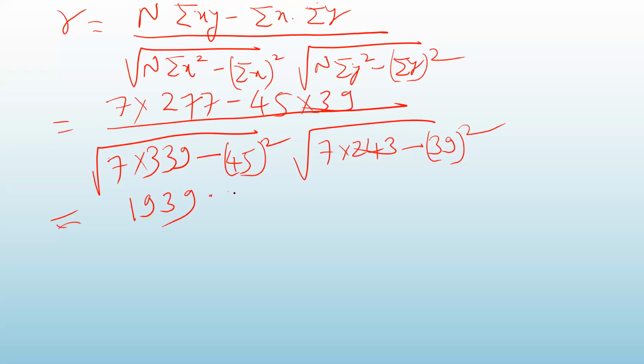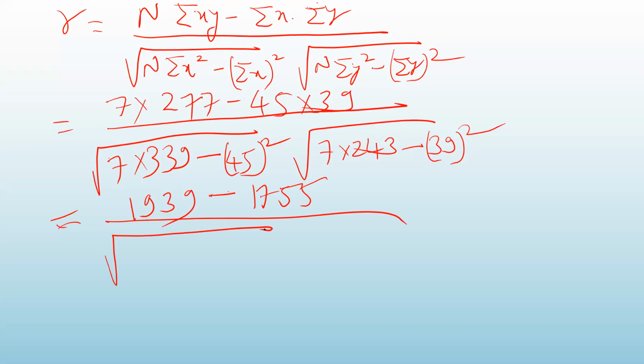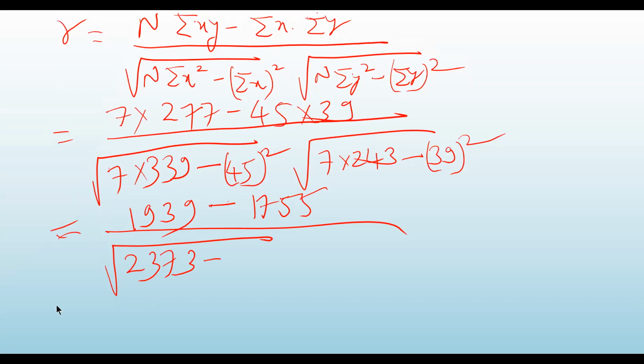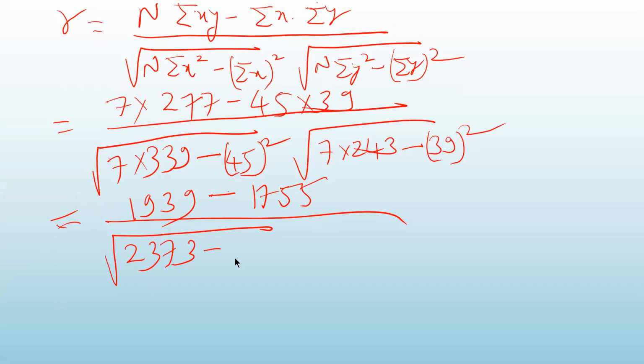Okay. Then 7 into 339 gives you 2373, minus 45 square. So 45 square is 2025. Okay.